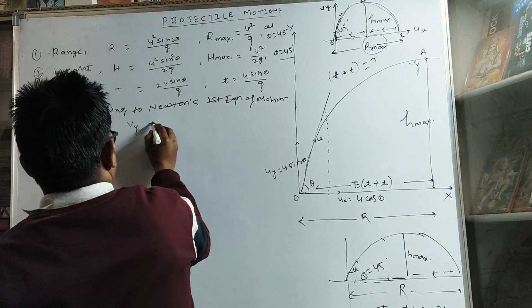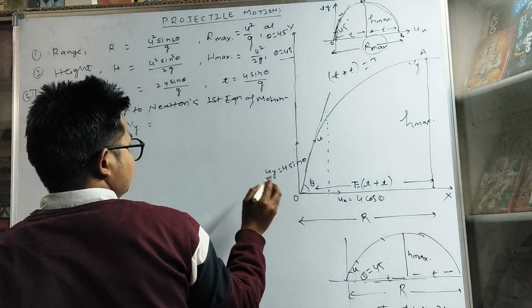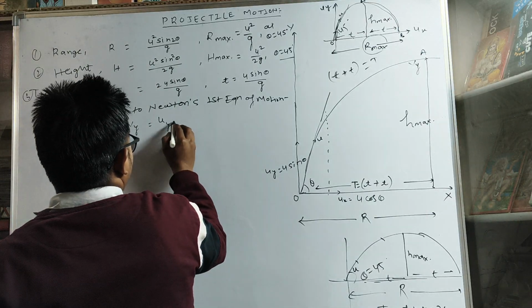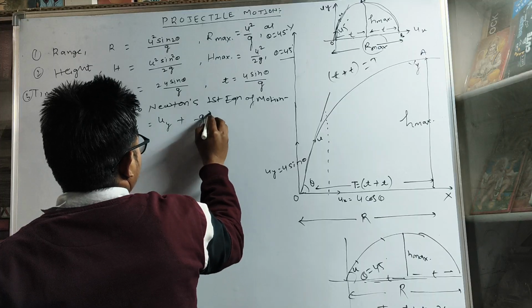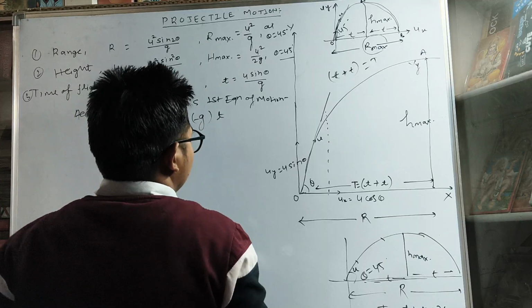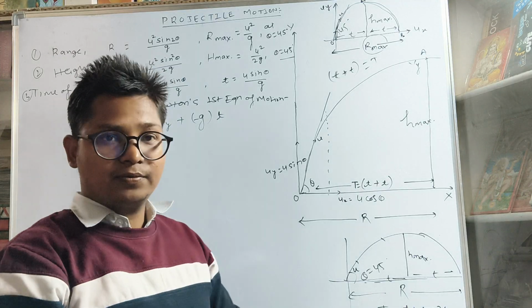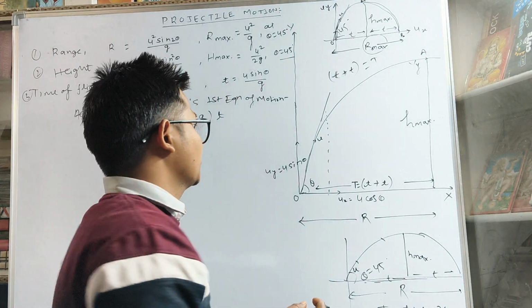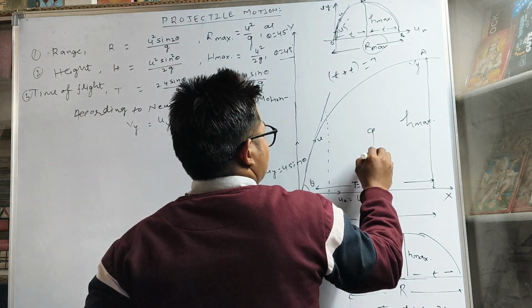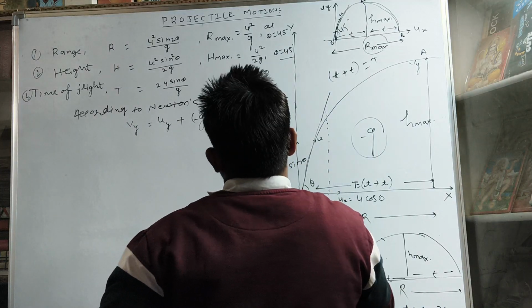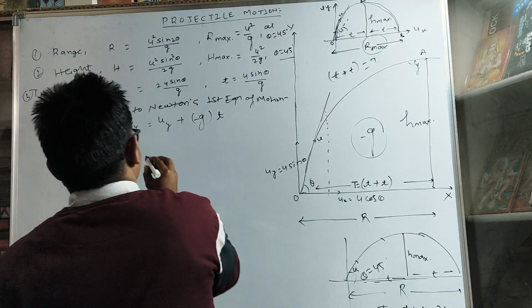So Vy equal to Uy minus gt. Minus sign because the motion of the object is against gravity, so acceleration due to gravity is taken with a minus sign.